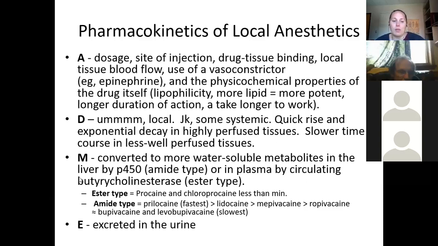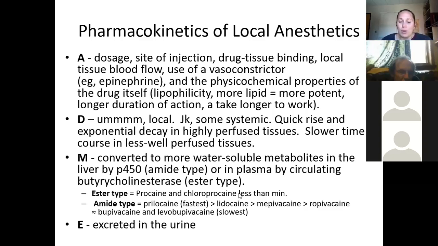The M, we're going to talk about the metabolism more so tomorrow morning in our discussion, but it is converted to the more water-soluble form in the liver by P450 in the amide type, and I'll show you the structural differences between the amide and the ester types, as well as a list of drugs that fall into those 2 categories. And for the ester type, it's metabolized in the plasma by butyrylcholinesterase. So when we talk about these 2 mechanisms by which these local anesthetics are broken down, I'm giving you some examples of drug names and the relative time courses for their metabolism.